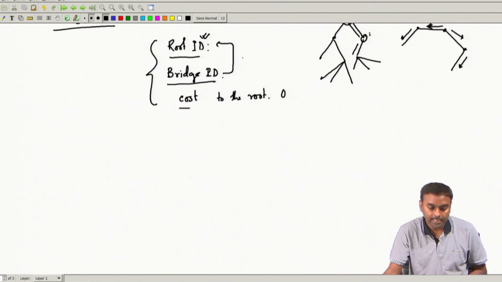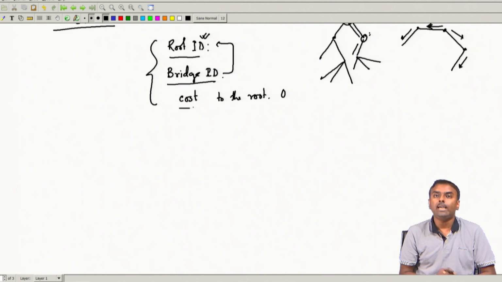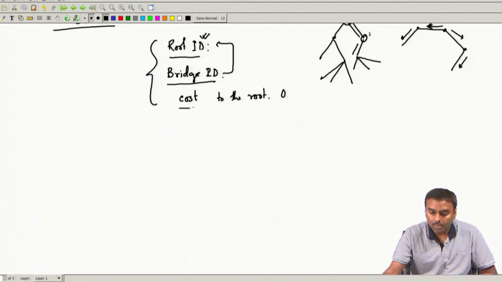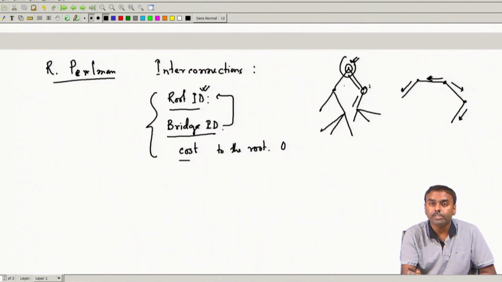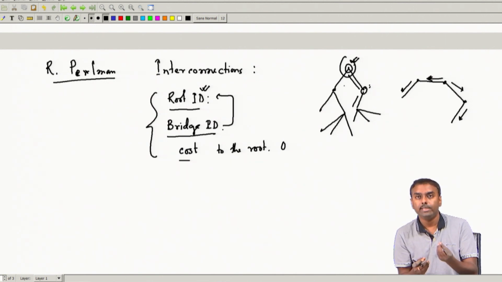We have already seen that messages have root ID, bridge ID and cost. Now, we have to come up with the unique root ID. In the initial state, everybody assumes themselves to be root, so their own ID will be the root ID.